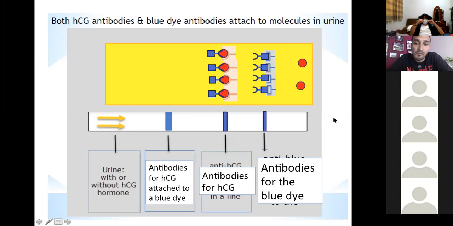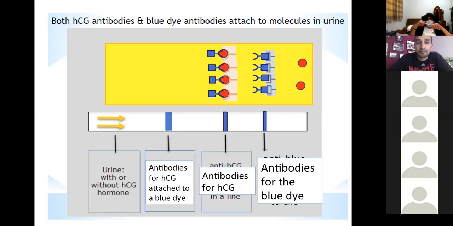Why is the second window important to be shown? It's always going to have blue color. Because the blue dye has to stop somewhere, right? I guess you could just run it to the end, but this tells you that it worked.